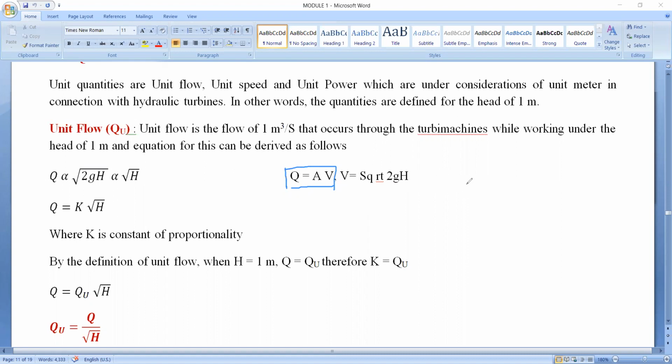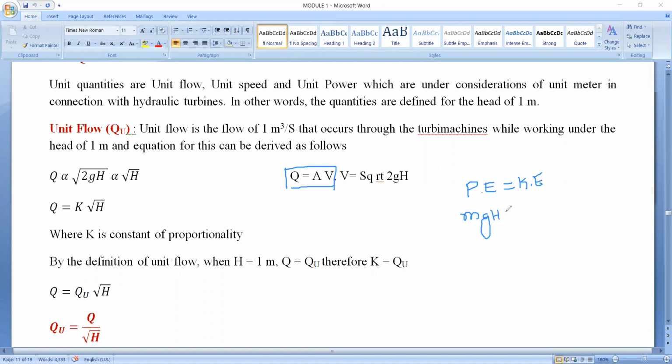That means the potential energy of flow is converted into kinetic energy. If we ignore any kind of losses, I can write potential energy equals kinetic energy. Now potential energy is given by mgh, the energy possessed by the body by virtue of its position.